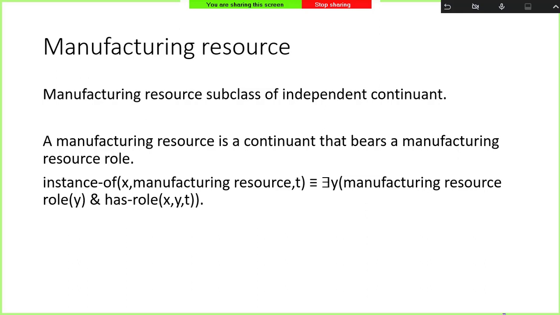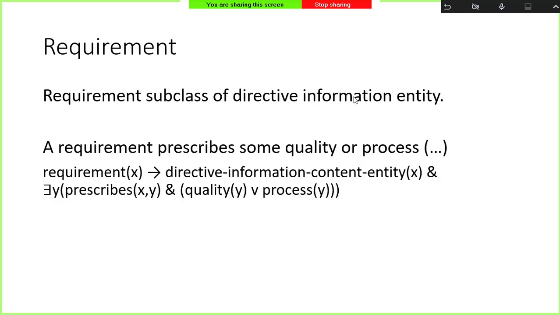Actually there is an error here. This should say continuant, not independent continuant. It could be a piece of software. And the key is that it should have a manufacturing resource role. A piece of software has a manufacturing resource role if it's used in a manufacturing process. And the same goes for any other entity of manufacturing resource.